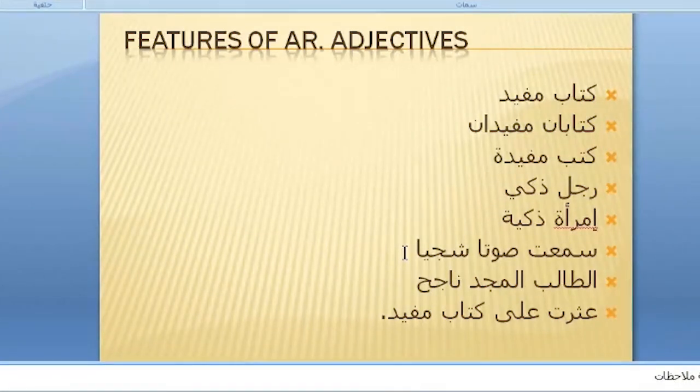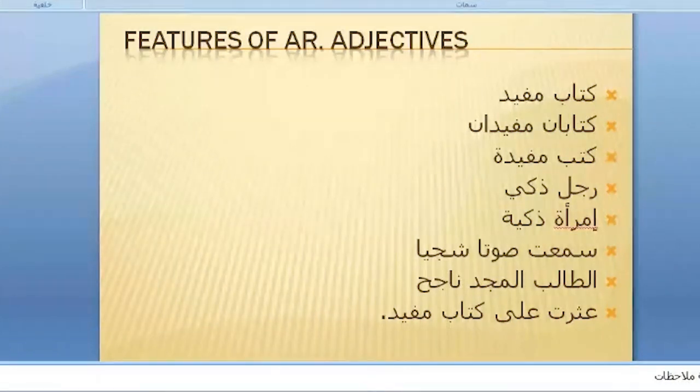Okay, توصف لي الطالب. I want to talk about the other adjective, which is ناجح, لأن هذه جملة تامة. الطالب المجد ناجح. It is a nominal sentence, جملة اسمية, in which there is a theme and a rheme، يعني فيها مبتدأ وفيها خبر. So المجد also modifies الطالب.